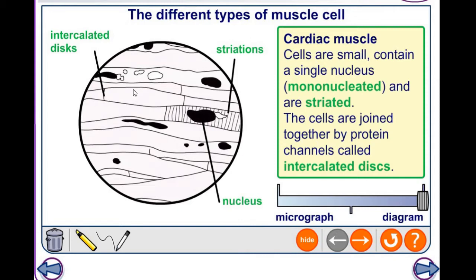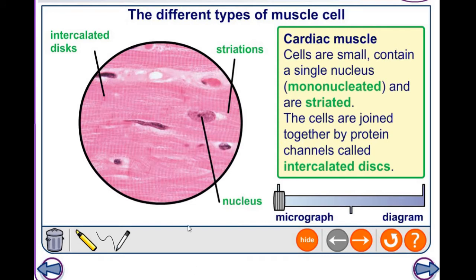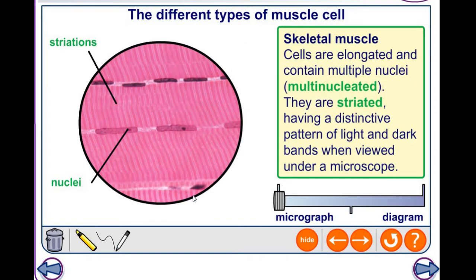A couple of key points to know that it's cardiac muscle is the first one is that it's mononucleated, so it means that there's one nucleus per cell generally, and it also has these intercalated discs. These little discs, they help the contractions between cells and they go between them, and it's also still slightly striated. So when we go to the photomicrograph, we have these striations. So that means these bands of different colours, and we'll look at that when we get to skeletal muscle.